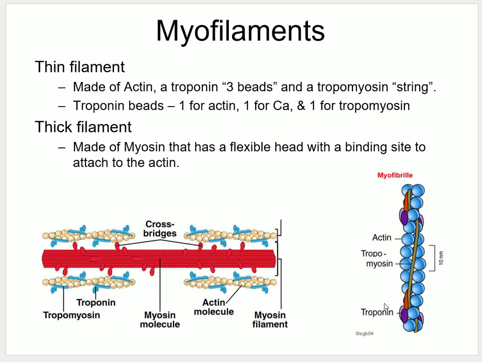As it does that, it pulls the tropomyosin with it. And then the attachment point on actin for the myosin will be exposed. You'll be able to see where myosin can attach because the tropomyosin string has been pulled out of the way, right? Then we have energy.